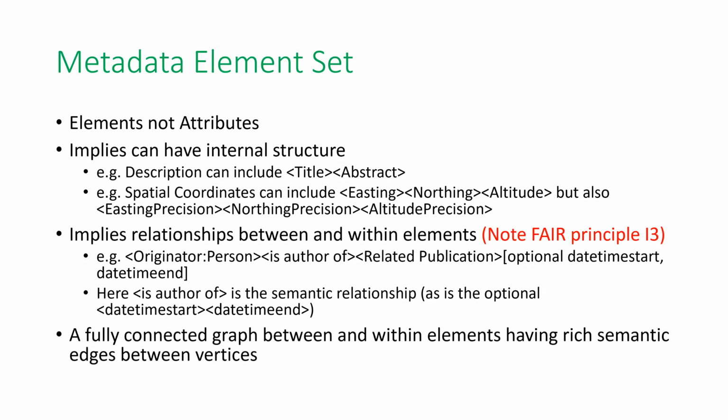The main points are these. We're talking about elements, not attributes. That means things that have an internal structure, syntax, and also semantics, and they are not like columns on a punch card or columns in a spreadsheet. This internal structure is normally a set of attributes with any appropriate sub-attributes.